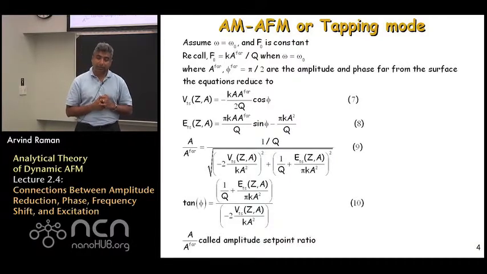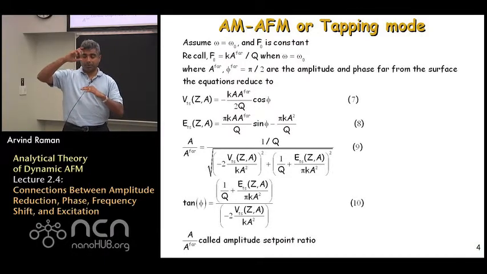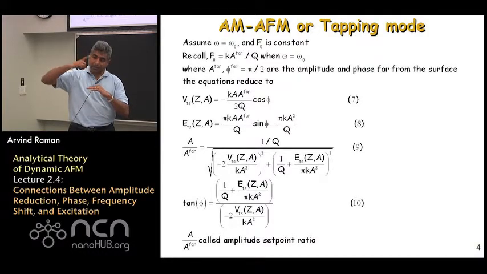In this case, we can show, as shown in the appendix, that the virial and the energy dissipation expressions simplify to equations 7 and 8, and you can eliminate phi between equations 7 and 8 to get the amplitude reduction equation 9. It tells us the ratio of the amplitude encountered when the oscillating tip starts interacting with the sample, the steady state amplitude, to A far, the steady state oscillation amplitude when the tip is withdrawn from the sample.